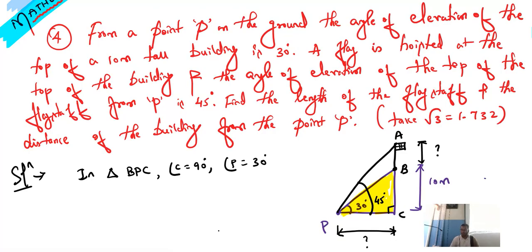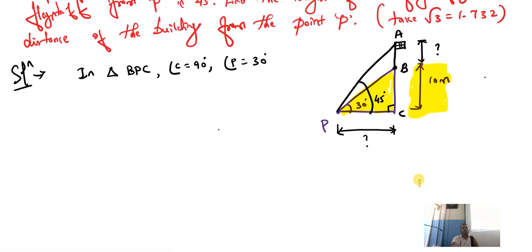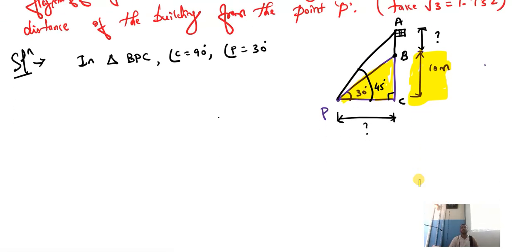Out of which we know the value of this 10 meters. The height of the building is 10 meters, that means the BC value is 10 meters.